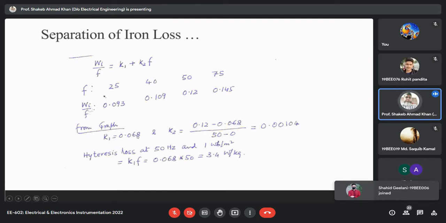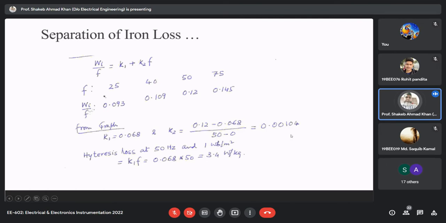The K1 is 0.068 from the graph paper, and this is the slope, 2 points we have selected. This is with respect to zero frequency, that is on the y-axis, and this corresponds to the 50 hertz point.